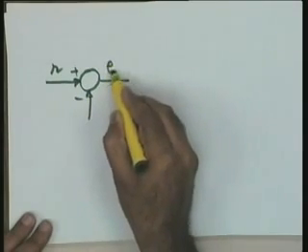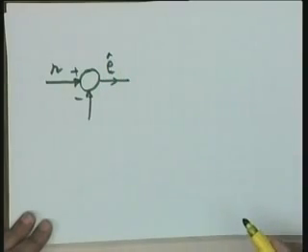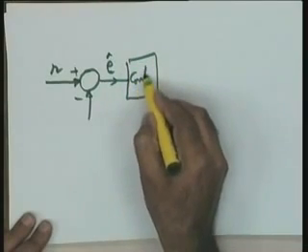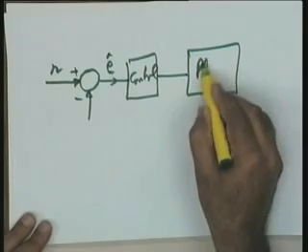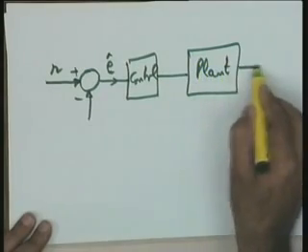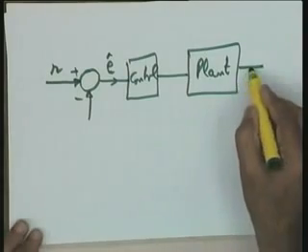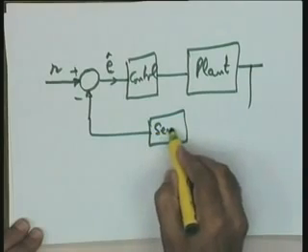Let me say this is an error detector and the error is E, rather E cap, we have used the actuating error. Here is a controller, and let me say it is the plant. I am merging the actuator also into the controlled system and calling it a plant to get a simplified situation, and here is a sensor.